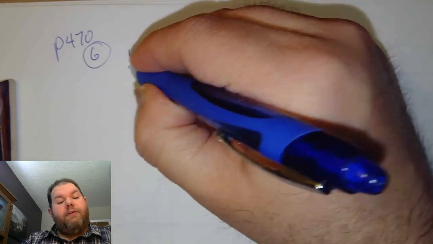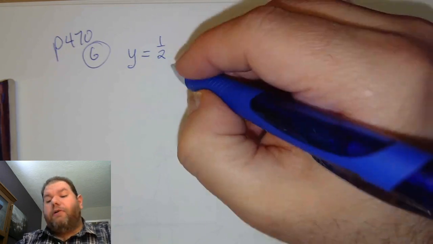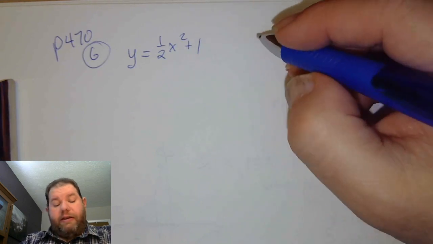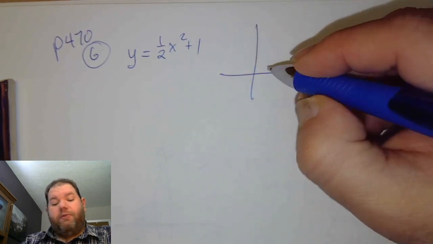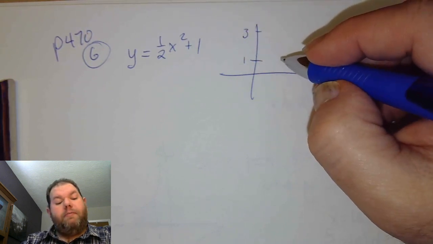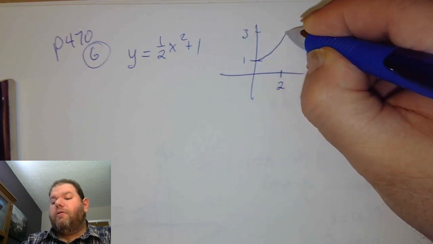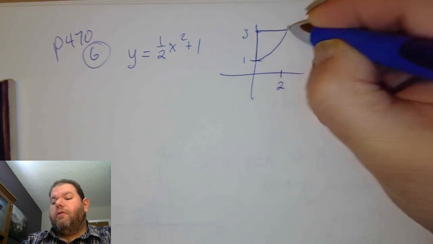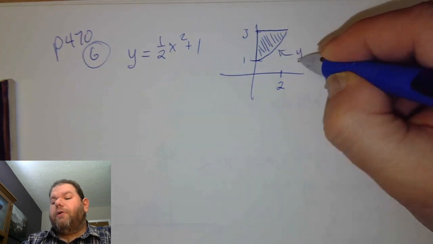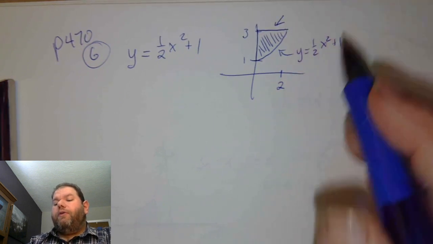Now 6, they give us y equals 1/2 x squared plus 1. And they actually give us a graph here, which is nice, because we don't always have a graph provided. So we know this curve right here is y equals 1/2 x squared plus 1. What is this top edge?